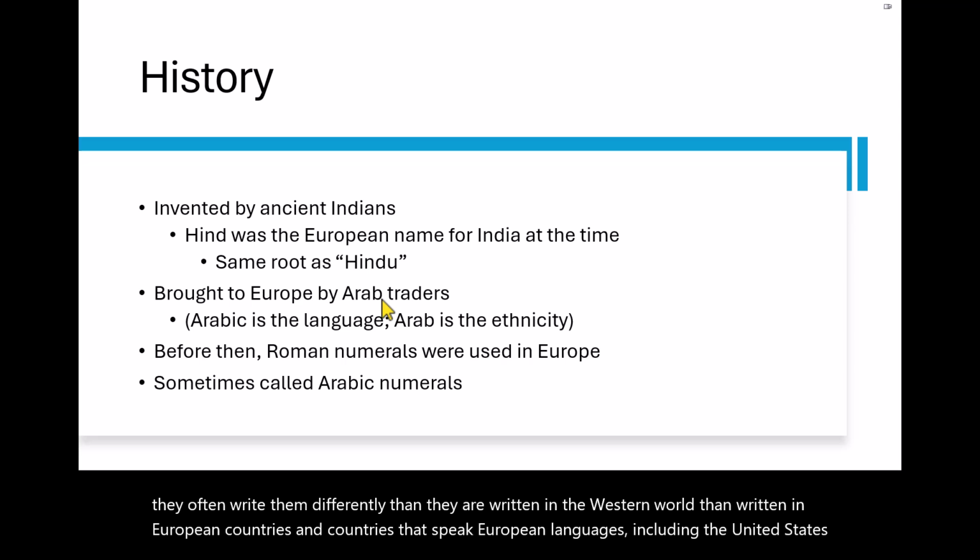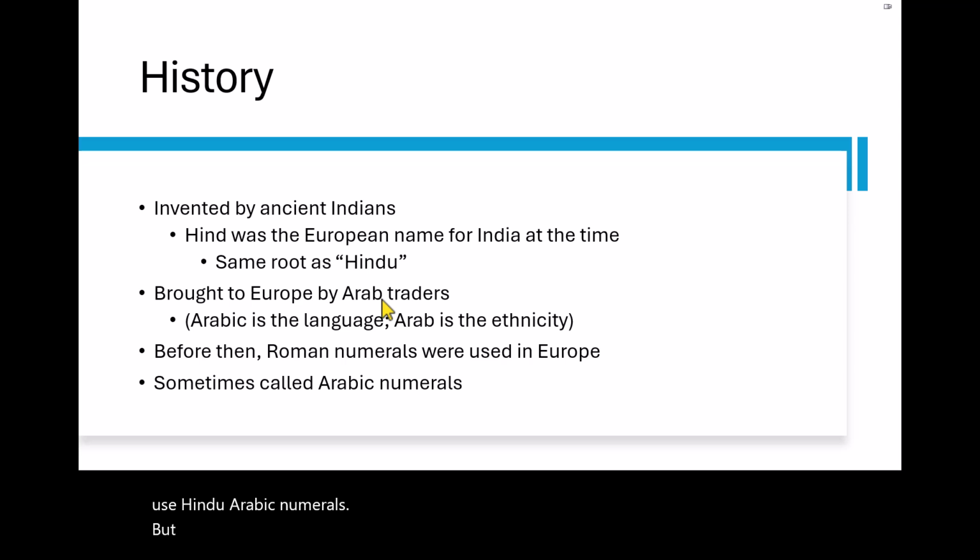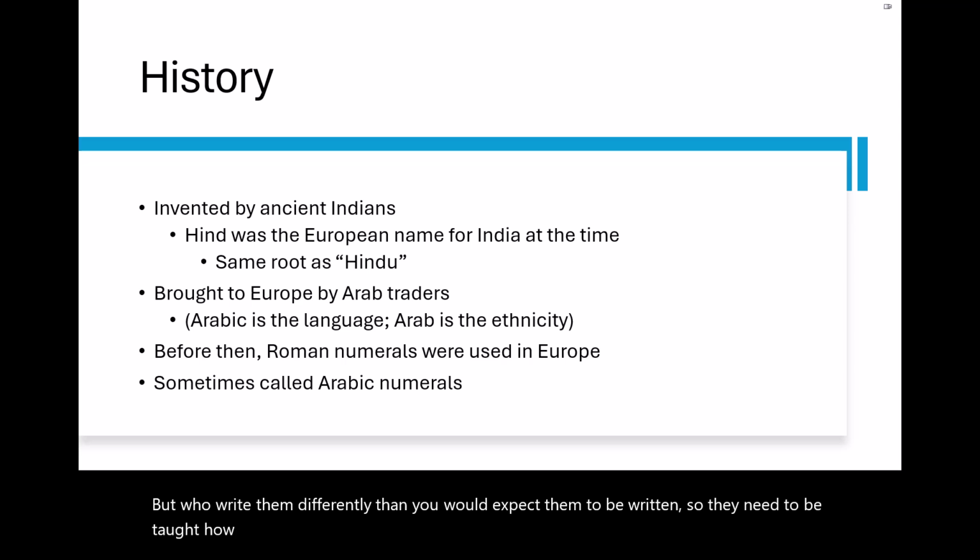So you might have students from India or from Japan or from Indonesia who use Hindu Arabic numerals, but who write them differently than you would expect. So they need to be taught how to write them the way they're written in the United States, but you need to recognize that along the way.